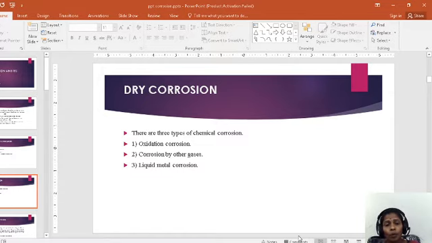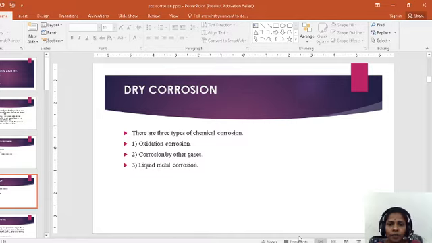When the metal reacts only with oxygen, oxidation corrosion takes place. But when the metal reacts with the remaining chemicals in the environment, corrosion by other gases takes place.